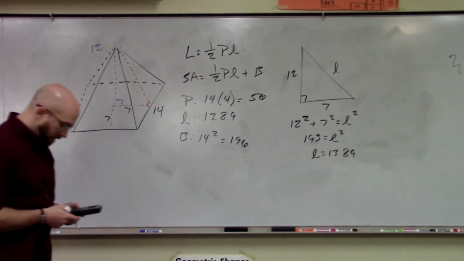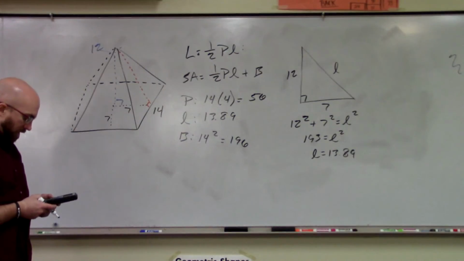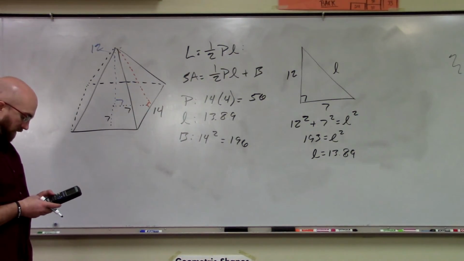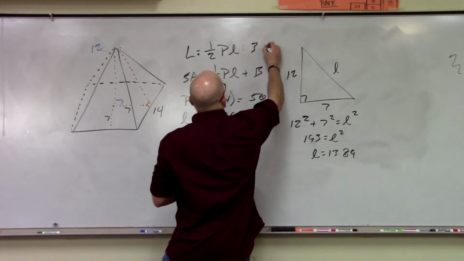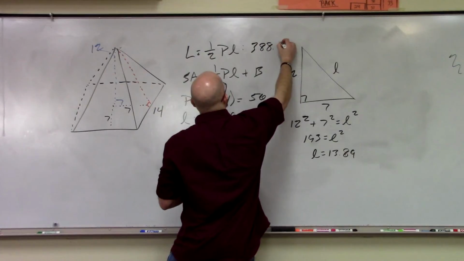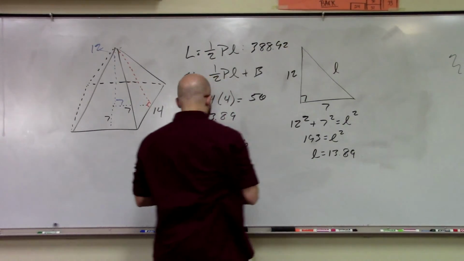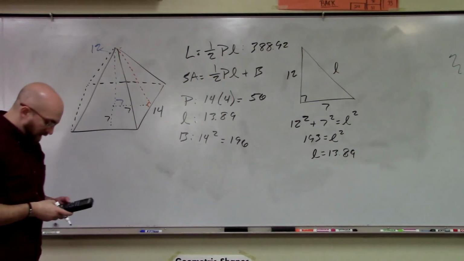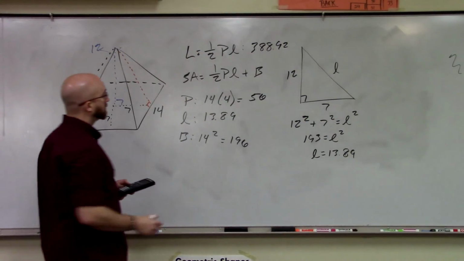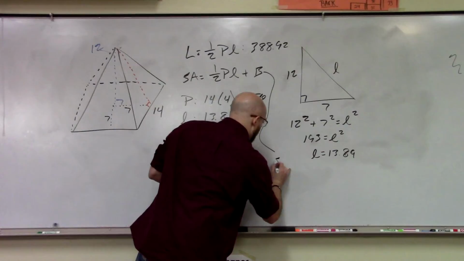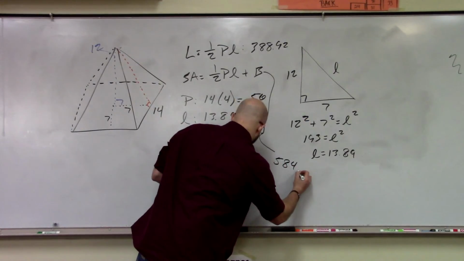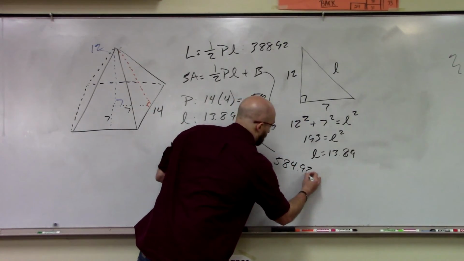So 1/2 is 0.5 times 56 times 13.89. This is 388.92. We're going to go ahead and add that to 196. So this is 584.92.